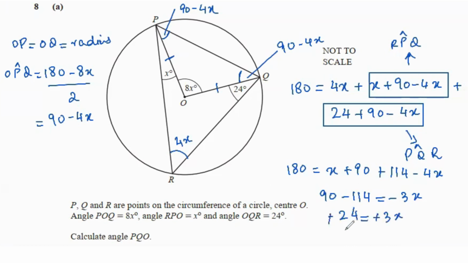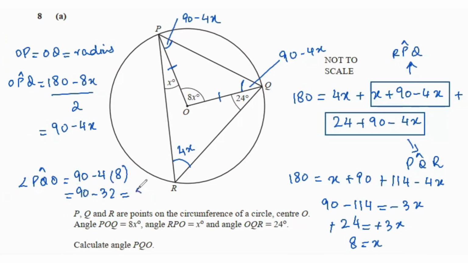The negative gets cancelled out, and 24 divided by 3 is 8. So x equals 8. So that means angle PQO is going to be 90 minus 4 times 8, which is 90 minus 32. That's going to be 58 degrees.